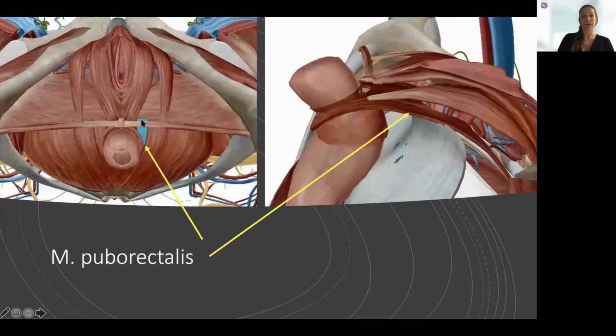Here you see the puborectal muscle, which attaches to the ramus inferior pubis and surrounds the anal canal. On this side image, we see that the puborectal muscle goes down and holds the anal canal here.